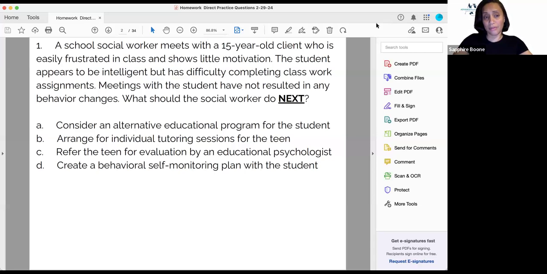And B is also intervention: arrange for individual tutoring sessions for the student. So all of those are interventions, and we have already tried that. We kind of need to reassess. And so that's why the answer is C.